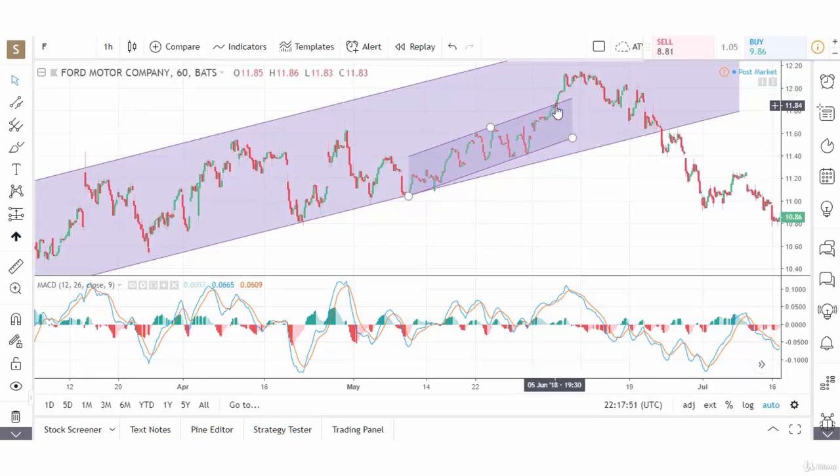And we could do the same thing if we drop down to a 30-minute channel. You can draw multiple channels within other channels and use those to trade multiple time frames. And you always want to keep an eye on your larger time frame to make sure the trend is in place. So that's how we can use multiple time frames with parallel channels.